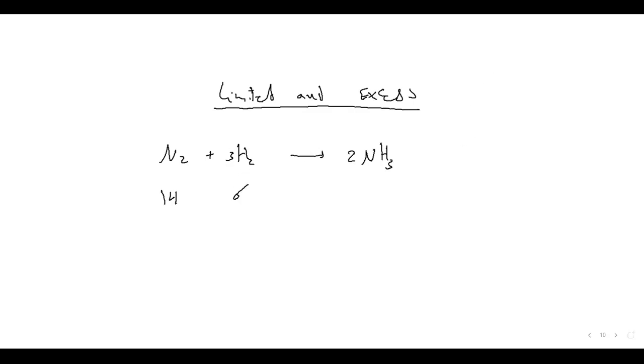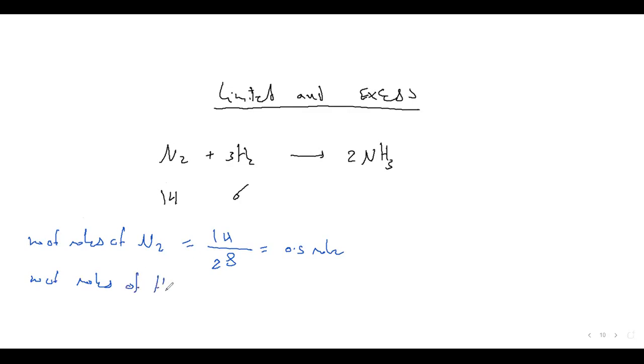At the beginning, you must calculate the number of moles for each one. Number of moles of N2 is equal to mass over molar mass. 14 over 28 is equal to 0.5 mole. Number of moles of H2 equal 6 over H2 equal 2, so equal 3 moles.